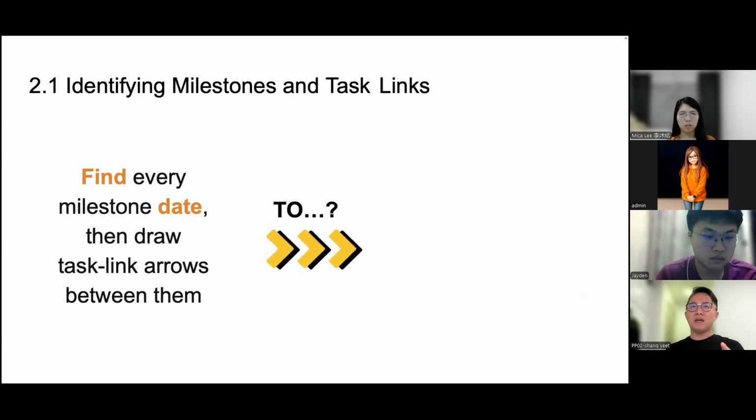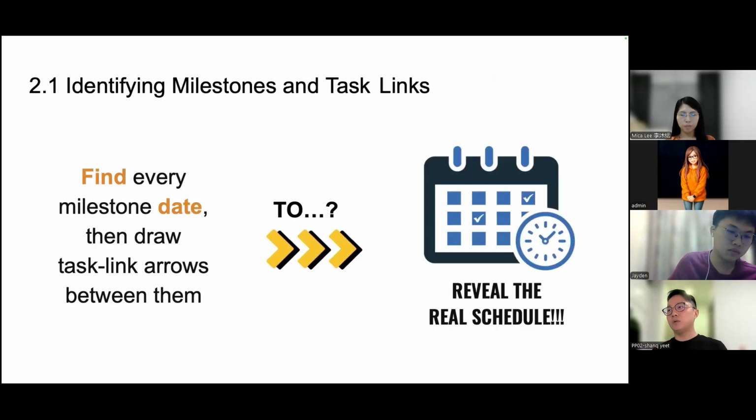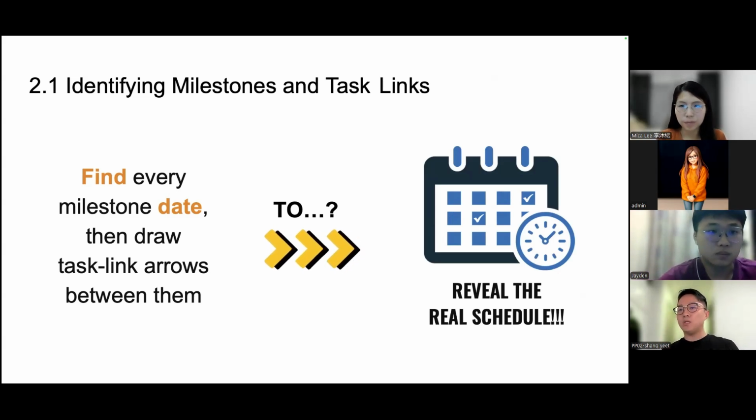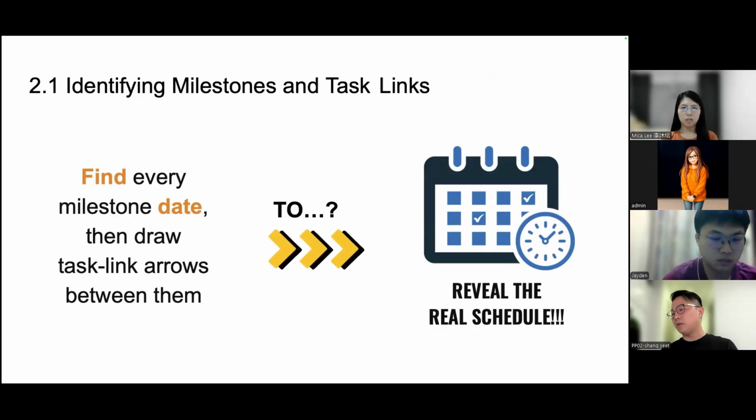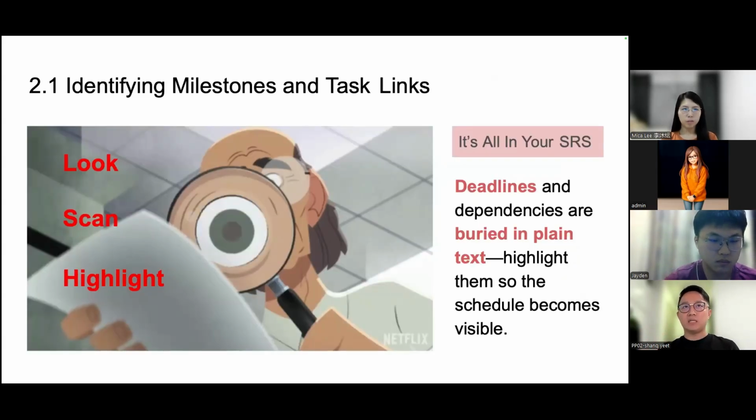It's about finding all the dates that you can find on the documents, and based on the tasks that you need to build, finding the chronological order of the parts of the prototype you want to build, along with whatever important dates are indicated in your SRS or even in your contract, to ultimately derive a schedule. So the moment you receive the document, you go through all this, you can roughly tell the people who assign you this prototype project, we can deliver this by maybe the end of the year, mid of the year, or something like that. So you have an estimate of a timeline. But again, this is an estimate.